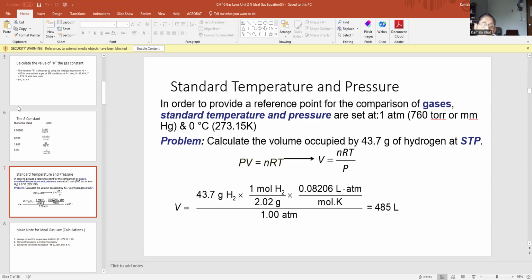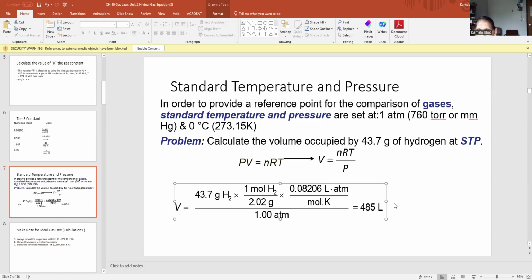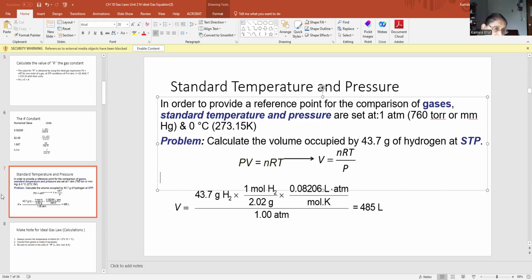Don't forget to multiply this number by 273.15, because the volume is equal to nRT over P. So remember to multiply the numerator by 273.15 to get the answer of 485 liters.